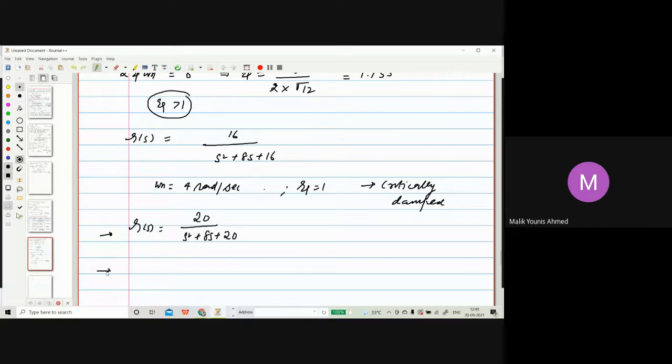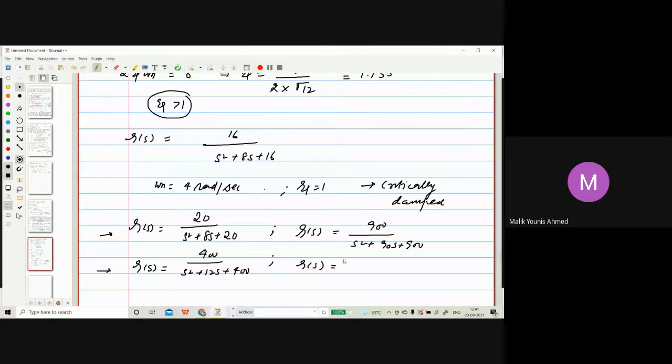Then 400 divided by s square plus 12s plus 400. Then g of s is 900 divided by s square plus 90s plus 900.